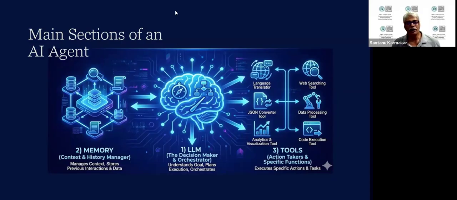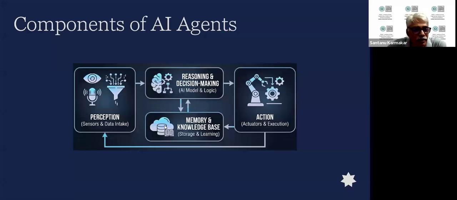Okay. Now, let me come to the next slide. It is the same thing I'm showing. Perception. Here, the perception is nothing but the sensory organs in case of a human. Like you have a camera in case of a robot. You have an internal microphone, which receives all the sounds from outside. You may scan the files, scan the information which you are reading, or you may supply it through keyboards.